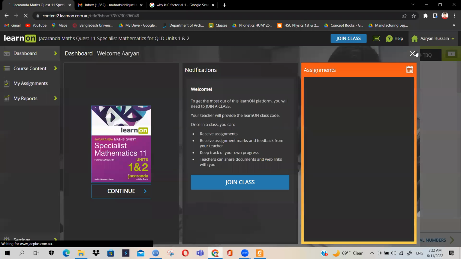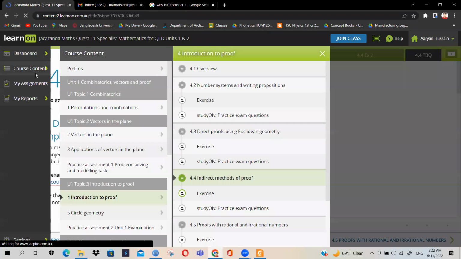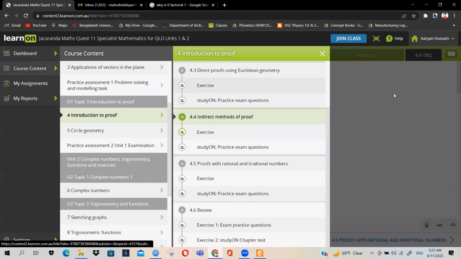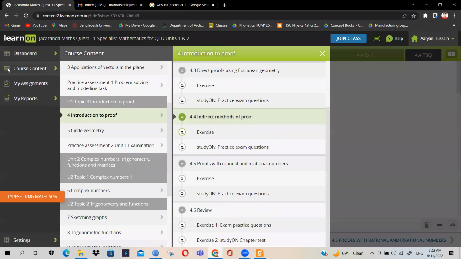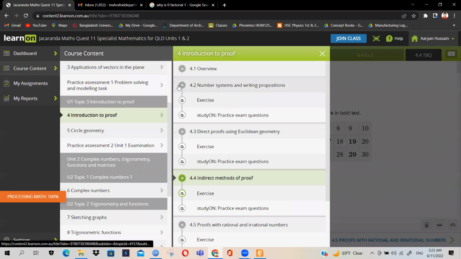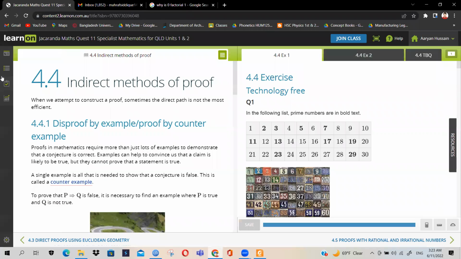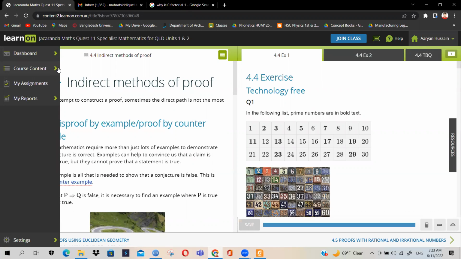What is the chapter number? I think it's chapter 1. Where is the course content? Am I on the right book? You're on 4.4.